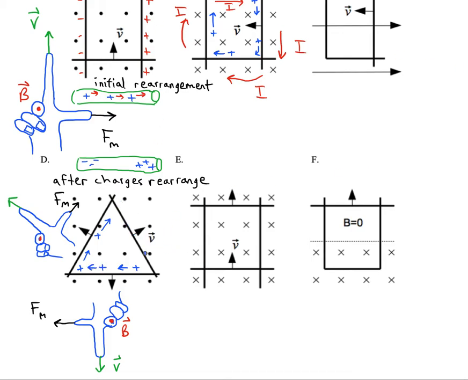And if you do the right-hand rule on this segment, you'll see the same thing is going to happen. So simply by the loop expanding here, it's going to create clockwise current.